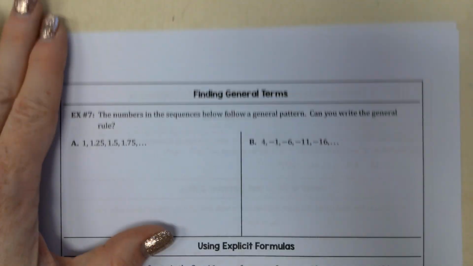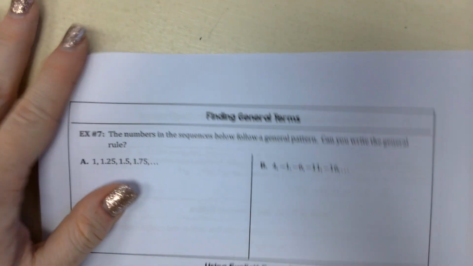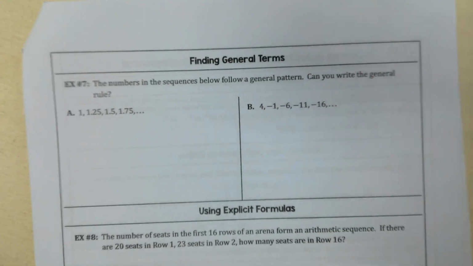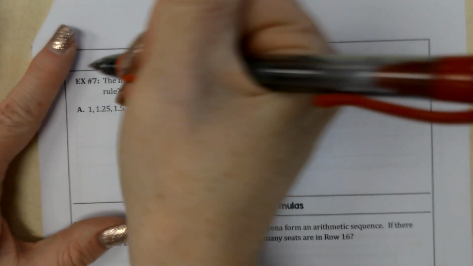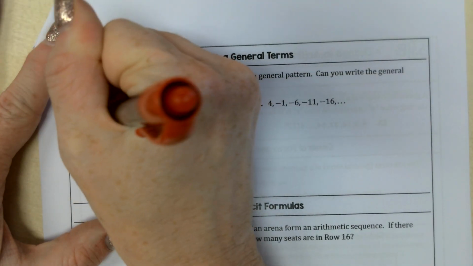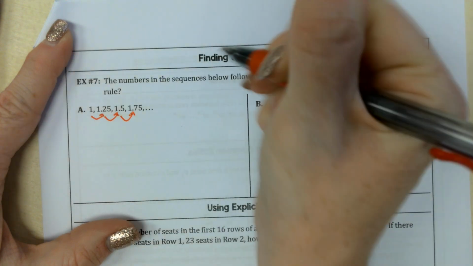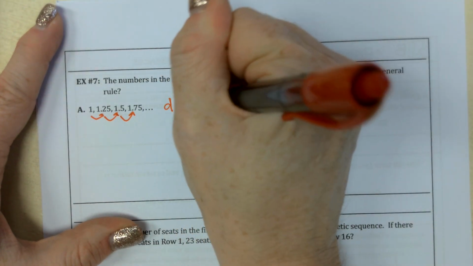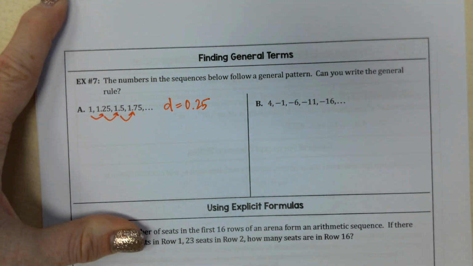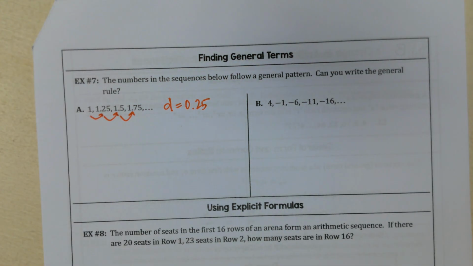All right, let's flip it over. Okay, still finding general terms, okay? This asks me to write the general rule, okay? What do I see is happening in this first list? What am I adding over and over again? 0.25. I'm adding a quarter every time, okay?